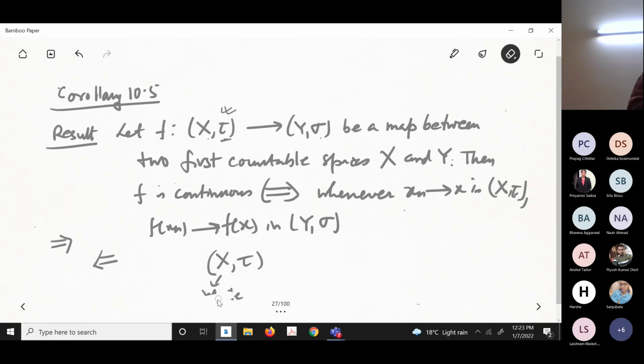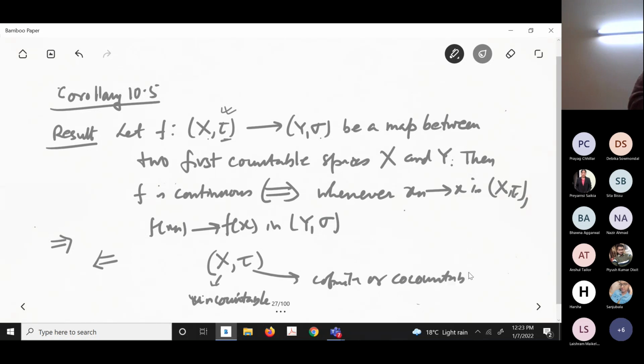Let's take the cofinite or co-countable topology. I have given an example with uncountable co-countable topology, written in my notes, where sequential characterization of closure point and continuity is not possible.